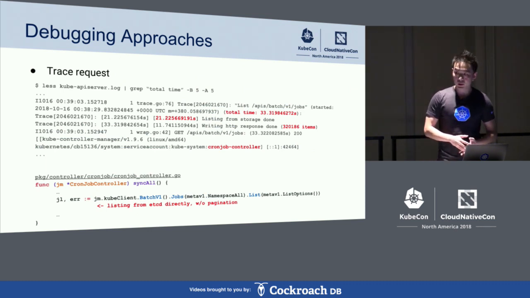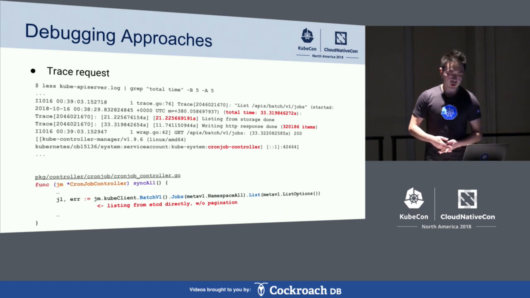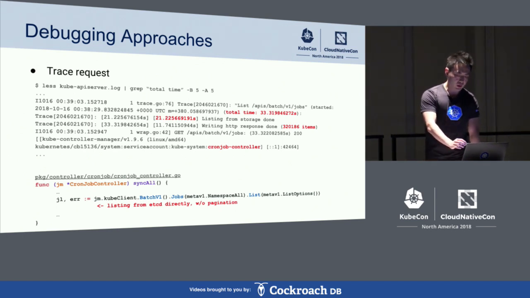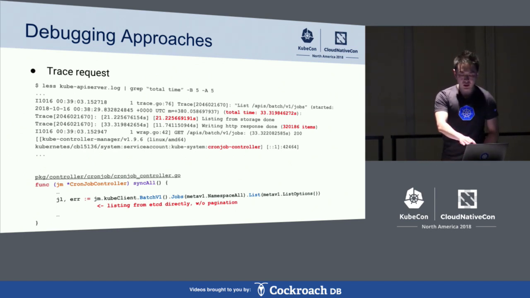In Kubernetes, the only component that talks directly to etcd is the kube-apiserver. So naturally we're tracing to the kube-apiserver log. I'll describe what happens here. It basically says there is a single request that took the API server 33 seconds to finish.